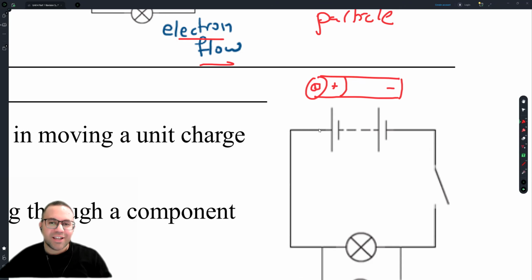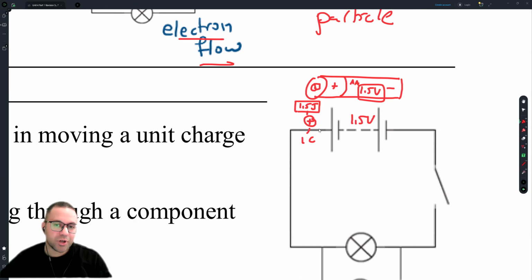and it has a positive and negative sign, and written in very small font, it says AA 1.5V. What is this? If I tell you that a battery has a voltage of 1.5 volts, this means that each charge that leaves the battery carries with it 1.5 joules.